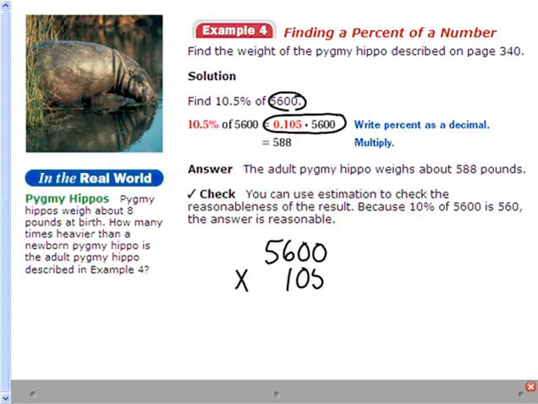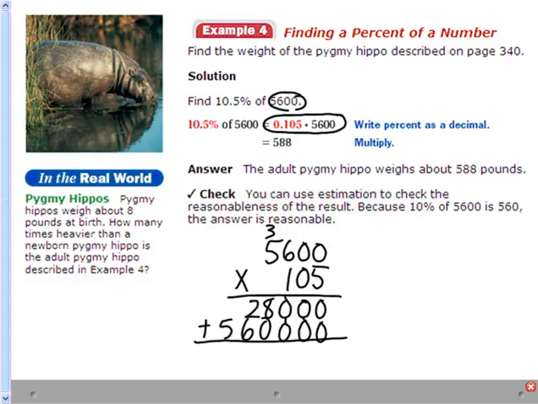I wouldn't worry about the decimal point until the end, and I would do my multiplication. 25, 28, let's see, 1 times 0, 1 times 0, 1 times 6, 1 times 5. So there's my finished multiplication, and in my original problem there were 3 decimal places, so I'm going to move in 3 decimal places and place my decimal point. So there's that 588 that they got.